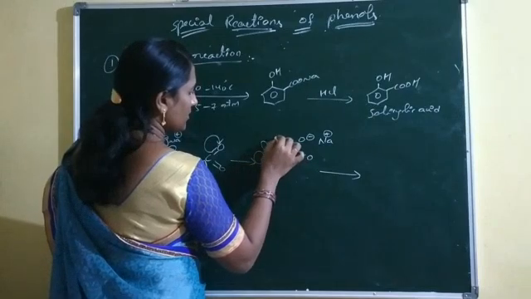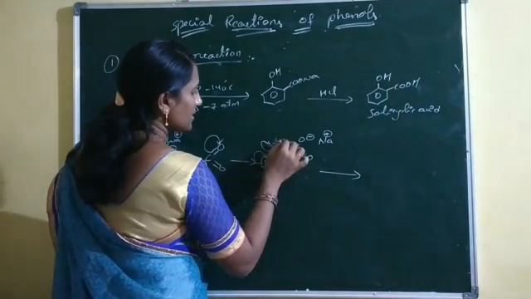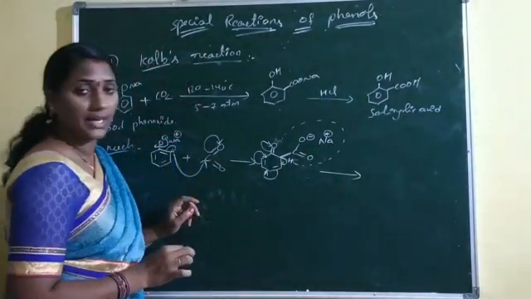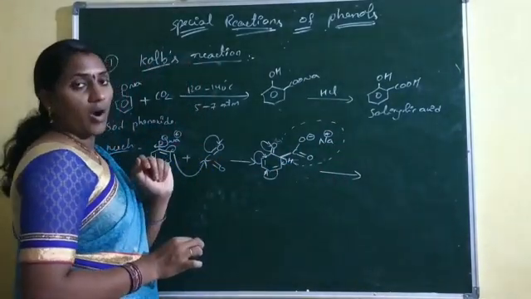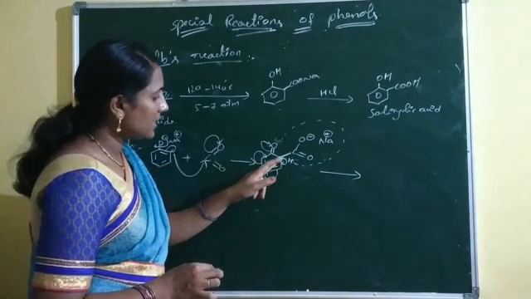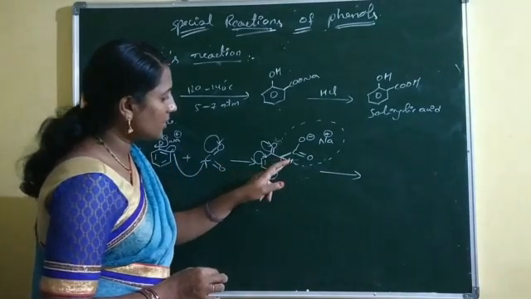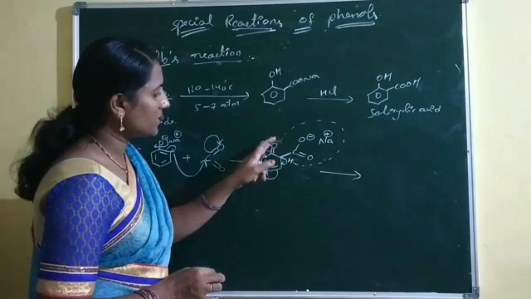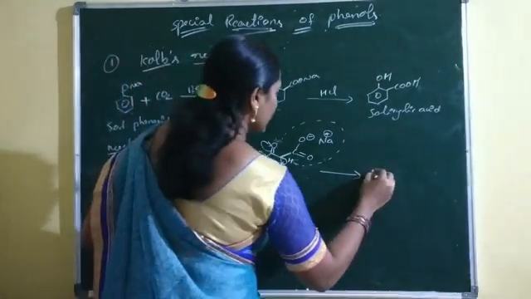This oxenium ion abstracts H plus ions to convert the keto group into a hydroxy group.